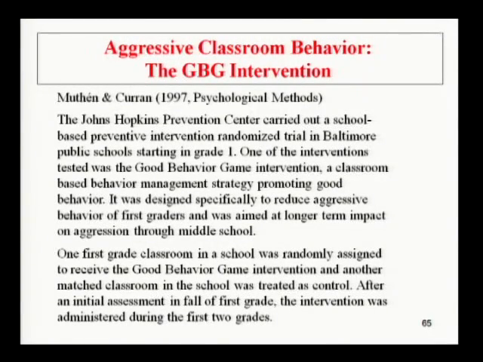Starting in grade 1, a good behavior game, a classroom-based behavior management strategy, aimed at reducing aggressive, disruptive behavior in these children in school, and at longer-term impact on aggression through middle school. So you randomly assign this treatment, actually on the classroom level, which is interesting. So it's a multi-level feature embedded here, but we're going to ignore that for today.